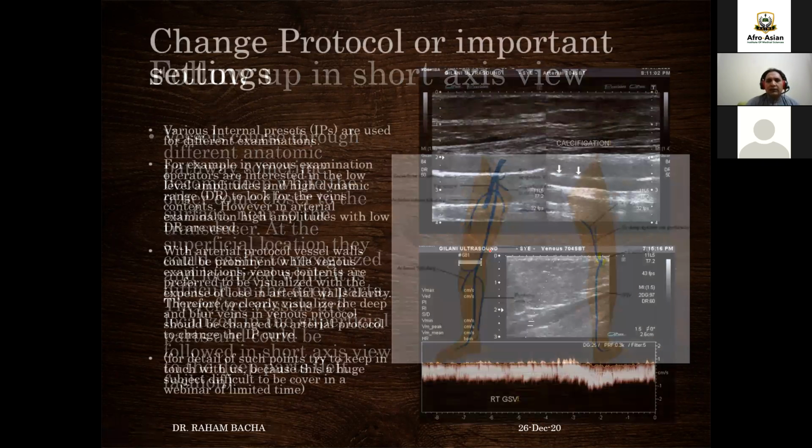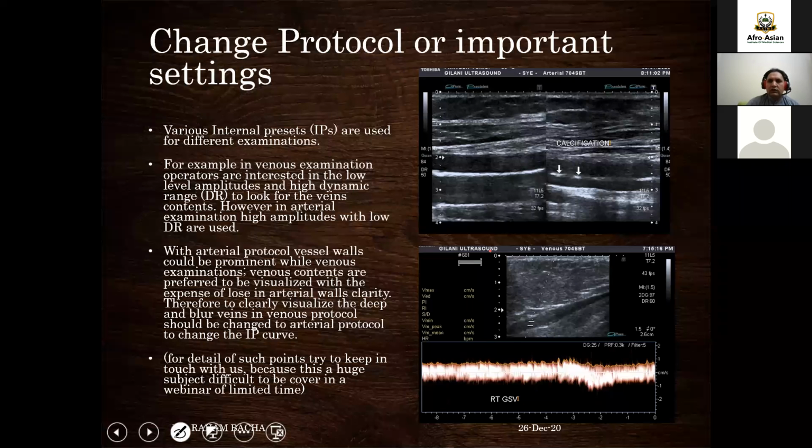Then sometimes it is important to change the protocol. Although that is a bit complicated phenomenon, I'll try to summarize it. You will see IP settings on the machine, that is internal preset settings, and you can say internal preset curves.